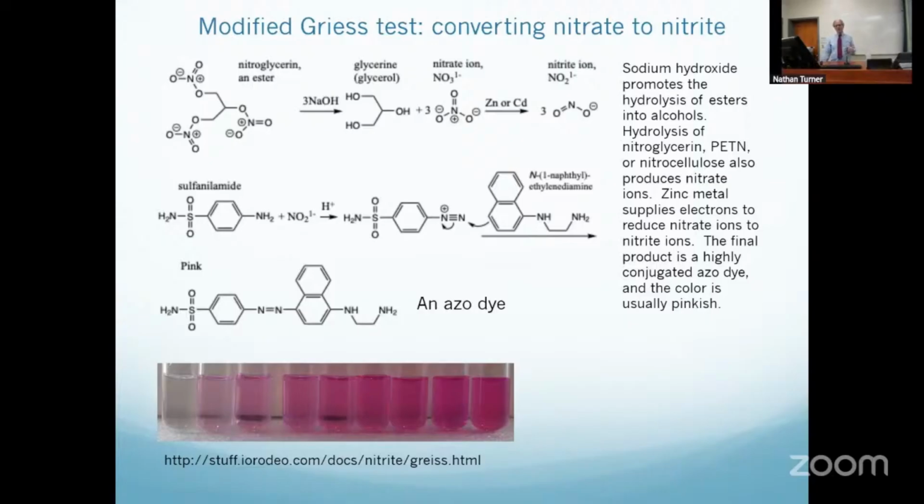That's all on the top line. And the original grease test detected nitrite ions, and the modified grease test detects nitrate by throwing in that zinc or cadmium to reduce nitrate to nitrite. And then eventually you get a color.